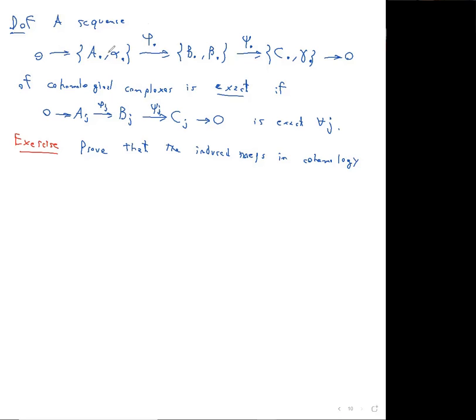I mean, just think: here we have a map between the complex A and B, so this induces something in the respective cohomologies. And here we have another map, which induces something in the respective cohomology. This gives an exact sequence, which is not a short exact sequence in the sense that it's missing the zeros.